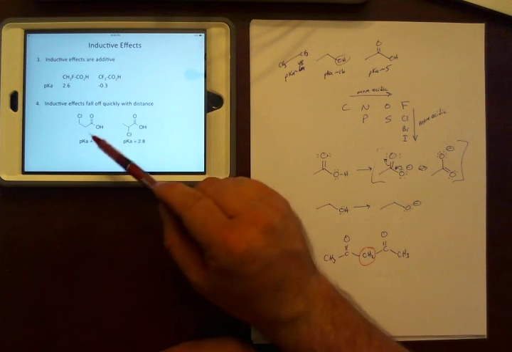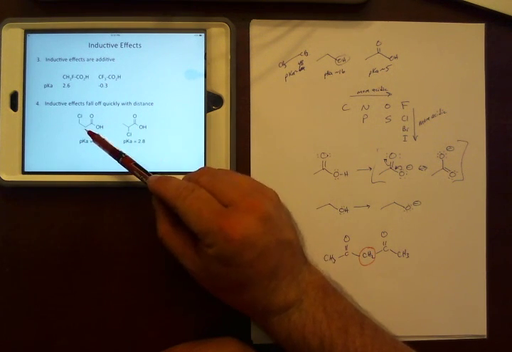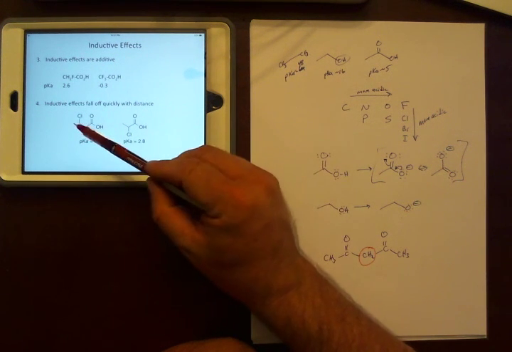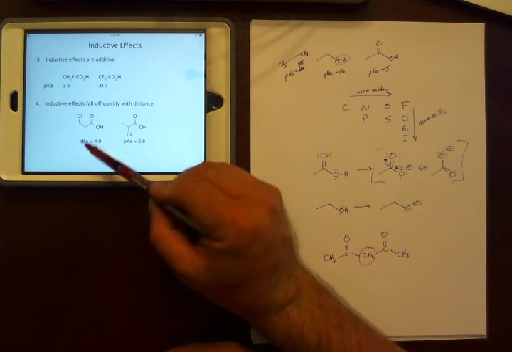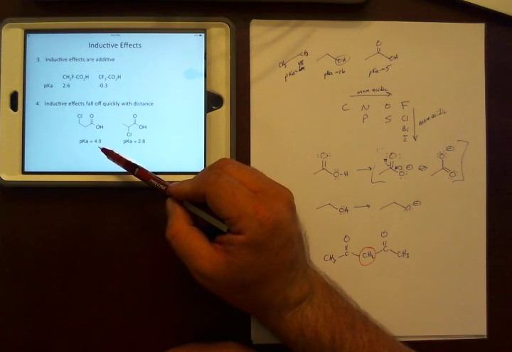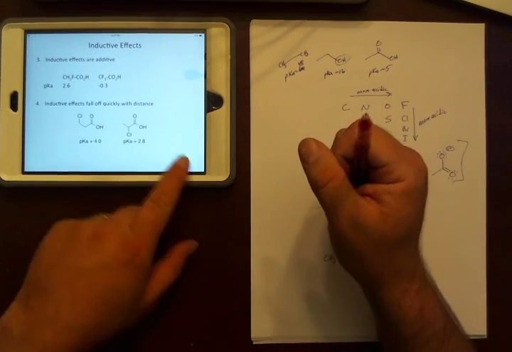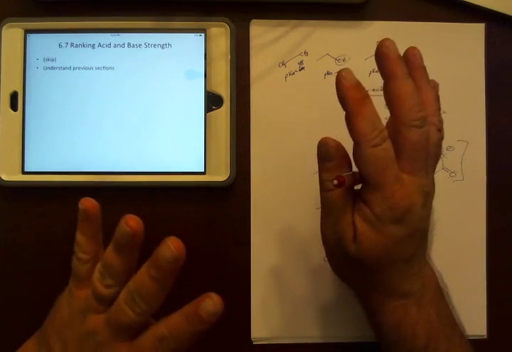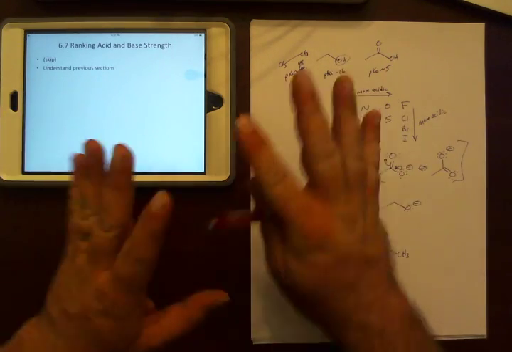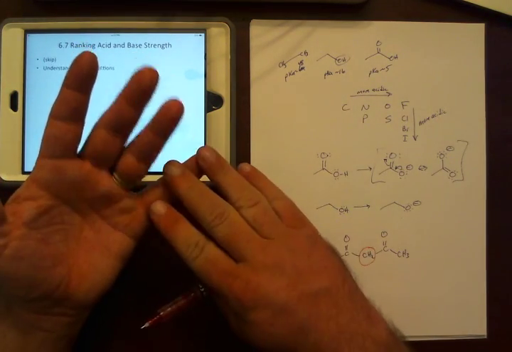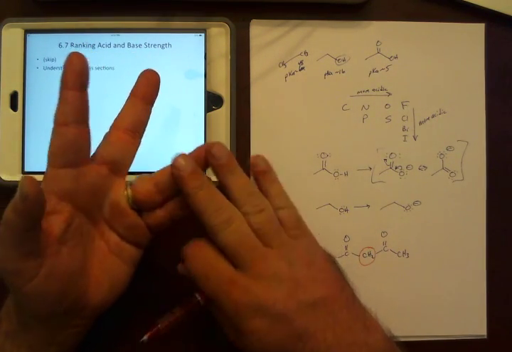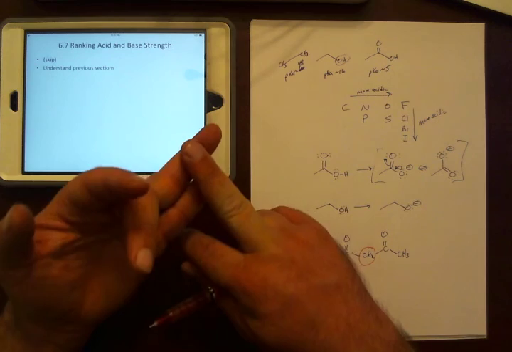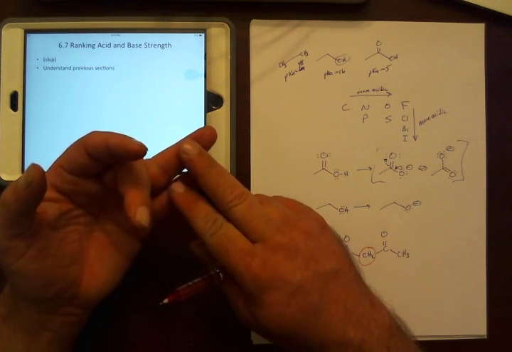Now they do fall off quickly with distance. If you're directly next to the carboxylic acid, you're at 2.8, but if you're a little bit farther away, the pKa rises to 4.0, because you're not having as much pull. The book goes into a really complicated ranking system, but basically, if you know these issues, you know that you need pi bonds next to them and numerous electronegative groups, and the more electronegative and the closer they are, the better.